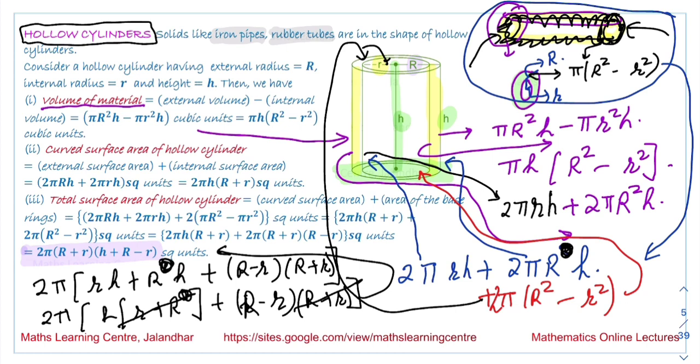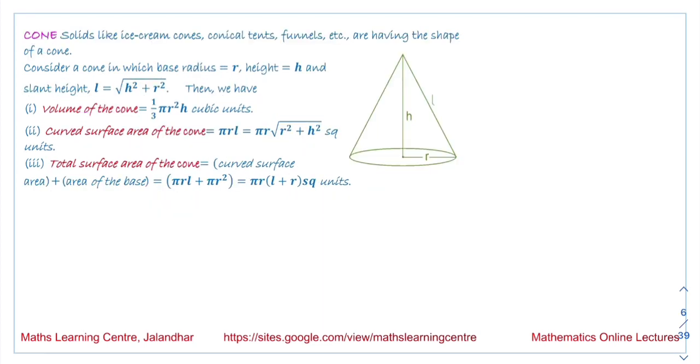Next we have the cone. In our previous class we already studied that cone means ice cream cones, conical tents, and funnels. These are some examples of conical shapes. When we talk about a cone, we have a circle over here.